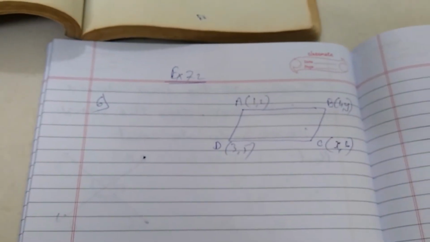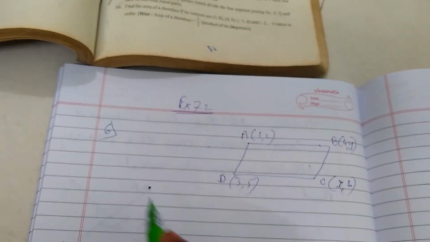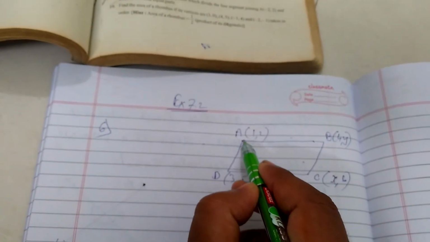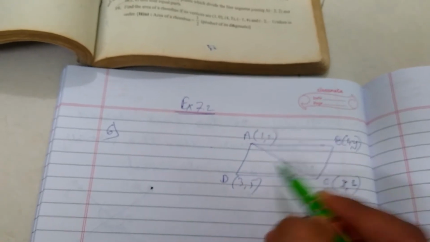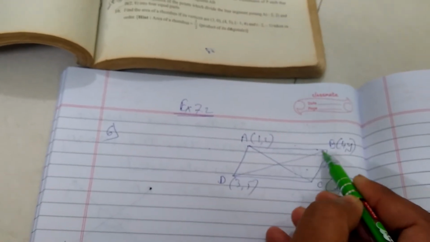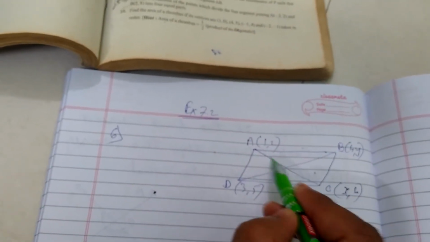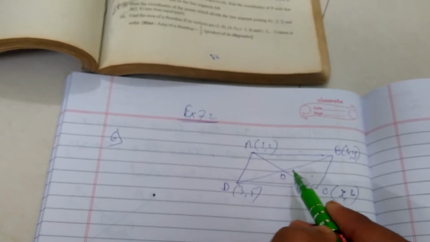Now we use the properties of our parallelogram. This is our diagonal AC and BD. These two diagonals intersect at point O here.